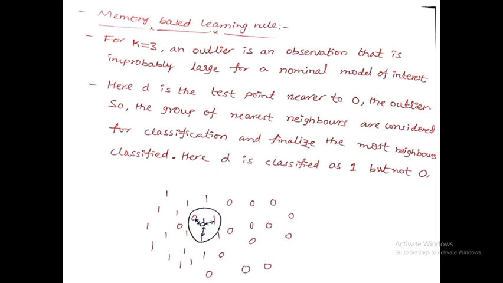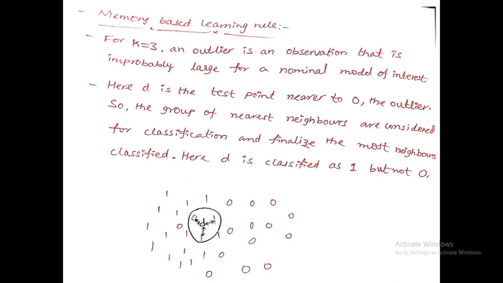In which group is it? Overall all ones are there, right? In that ones group, most probably it should be 1 only, not 0. So even though that X test is near to that 0, more of the values in that group are 1 in that circle. 2 ones are there, 1 zero is there.